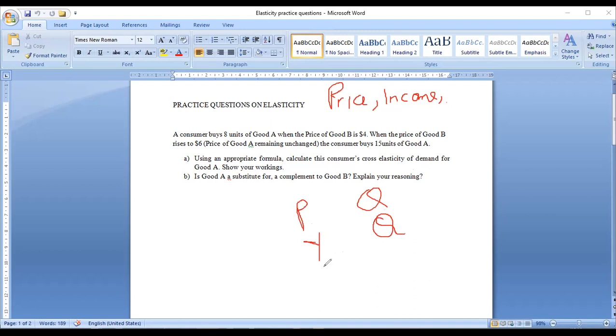Cross elasticity of demand looks at the relationship between the quantity demanded of a particular product Y as a result of change in the price of another product X. So with the calculations, we are going to look at price elasticity of demand, income elasticity of demand, and cross elasticity of demand. How do we calculate that?